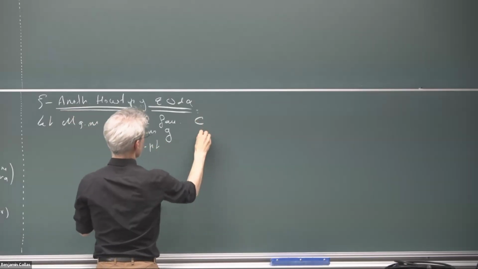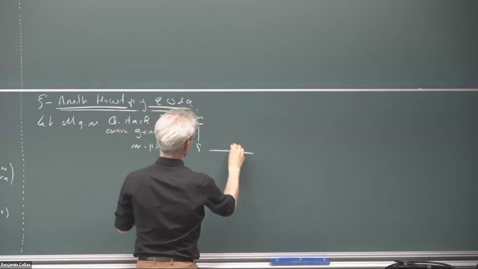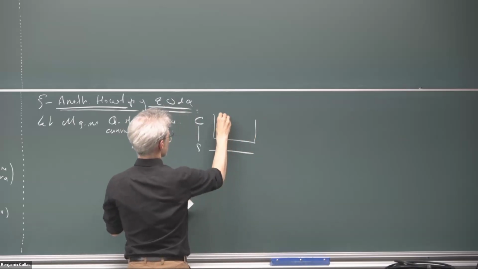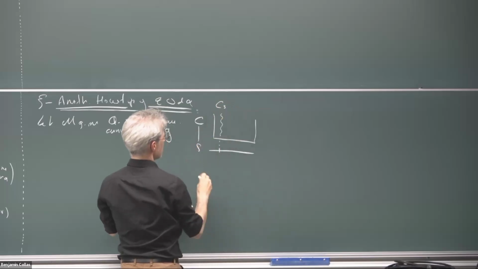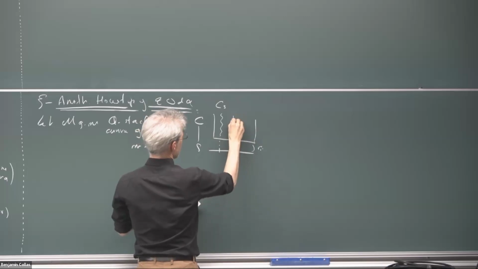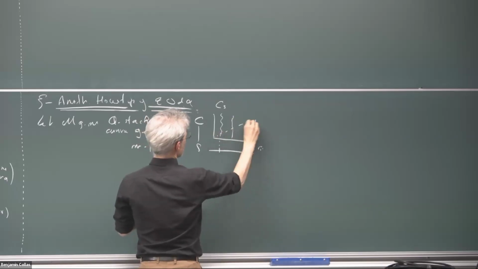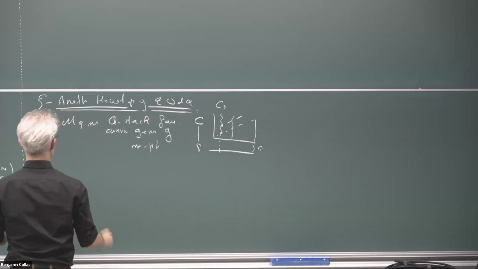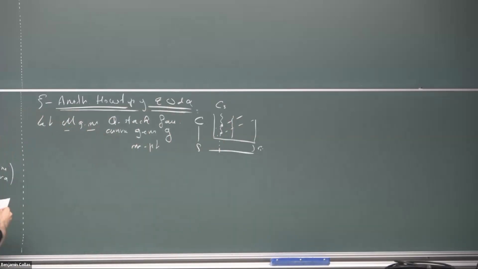So objects are of this form. You have a base, you have a family. On top of every point, you have the curves C_s, and then you have m sections c_i, which will mark the points on each curve. So this is the object we are interested in, this space.